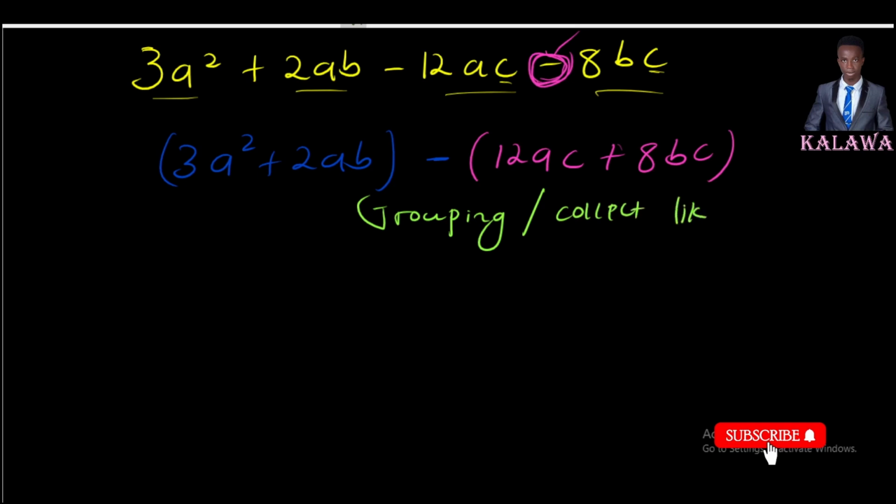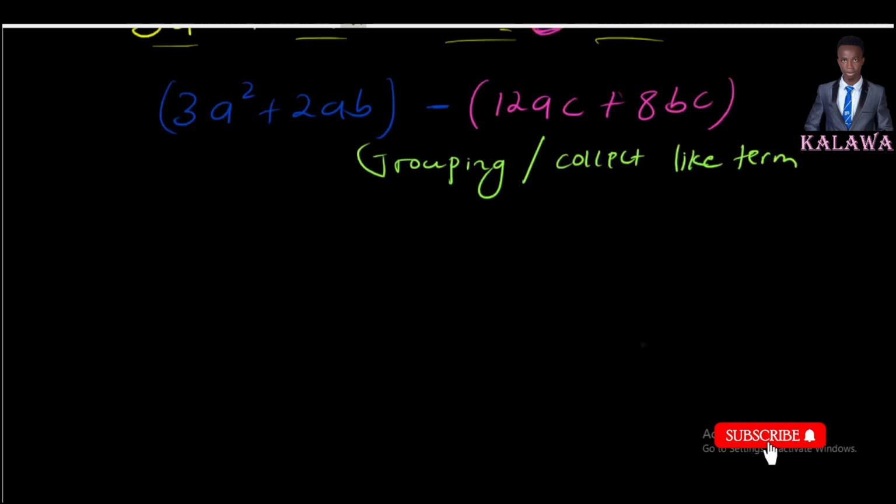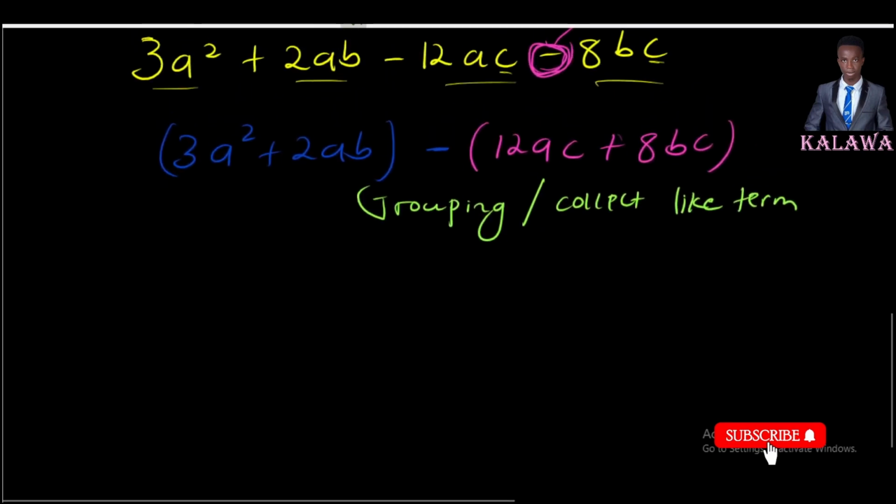Maybe that's better for you to understand. So the next step again, we now apply the common factor. After we have separated the terms, we take each term and apply the common factor.